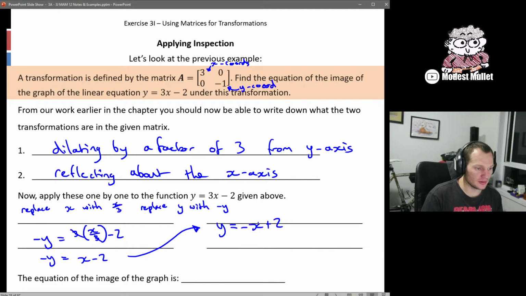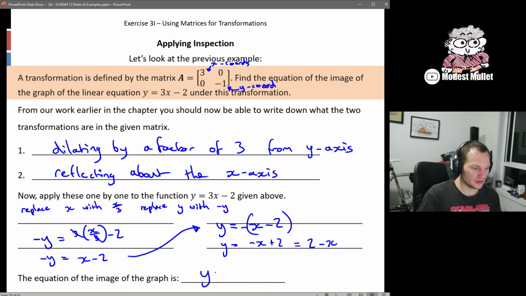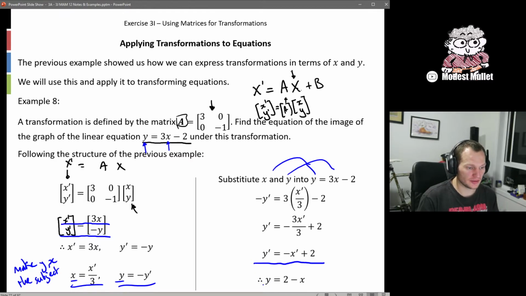I'll show you the extra step just to be clear: we're bringing the negative across and it's affecting the whole right hand side, so we can then say Y is equal to negative X plus 2, or we sometimes don't like to write the negative first, so we get 2 minus X, which is exactly the same as what we got on the previous slide. Y is equal to 2 minus X if we're rearranging.